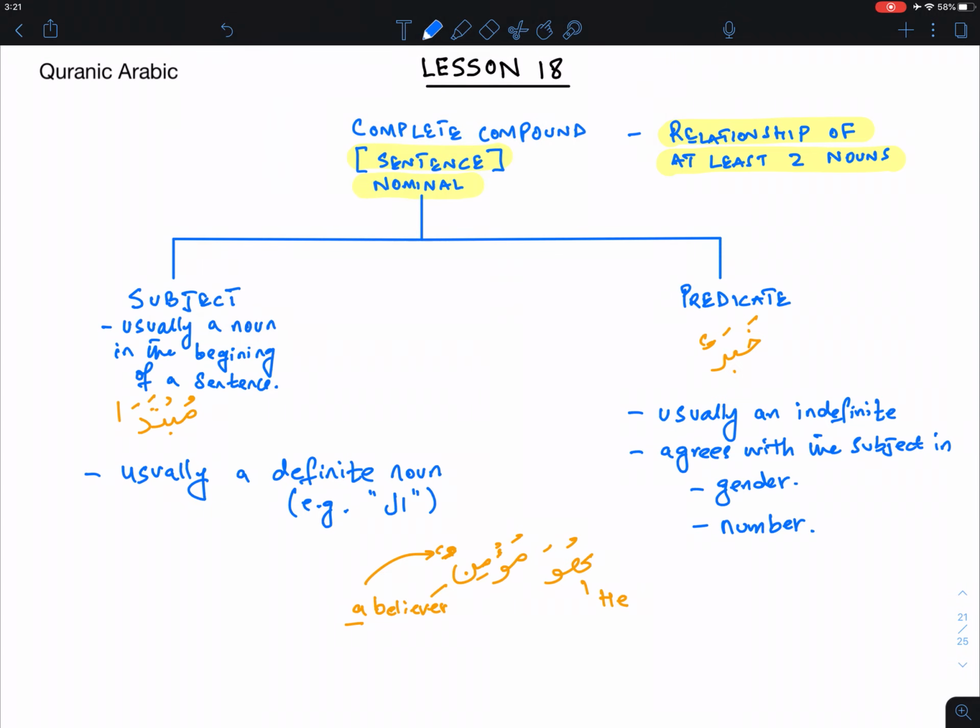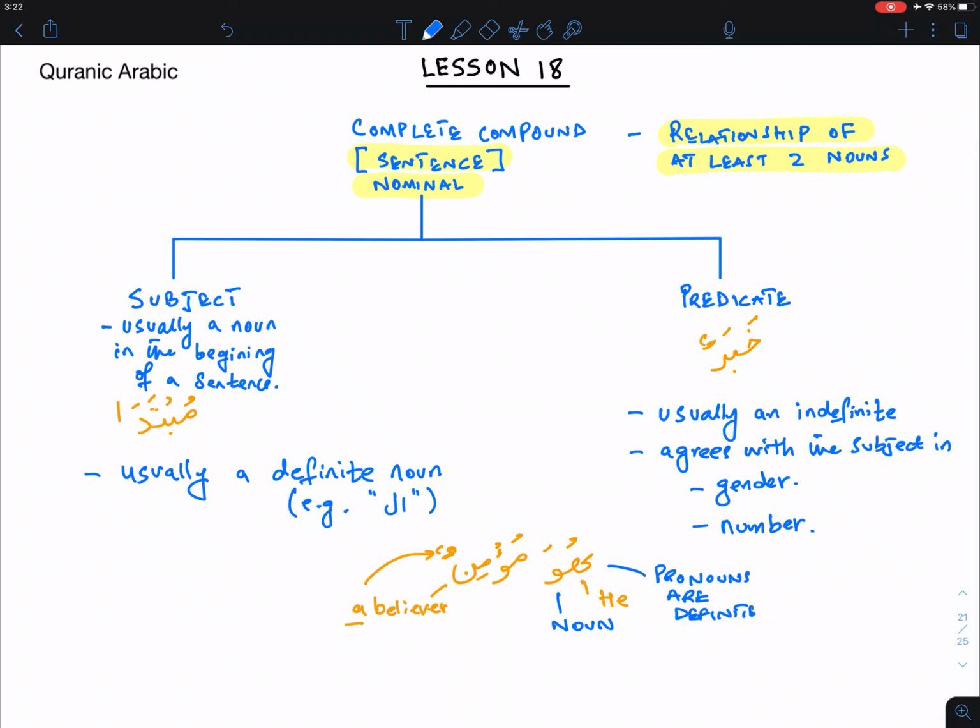Now let's unpack this further. Isn't this sentence in Arabic, huwa mu'minun, he? He is a noun, just like in English, it's a pronoun. So we can say that this is a noun. Okay? And I will tell you a new rule. Huwa, he, pronouns are definite in Arabic.